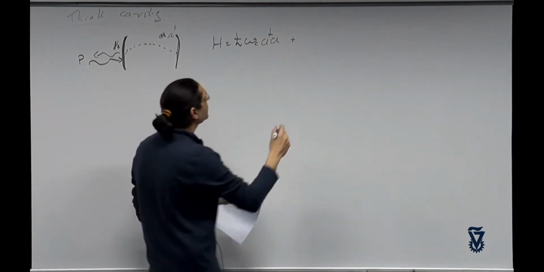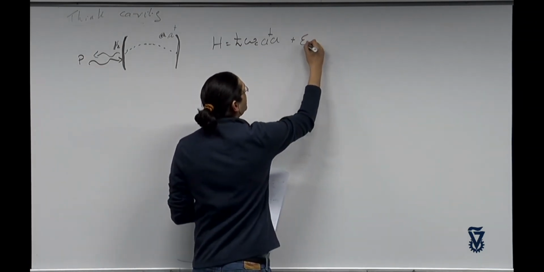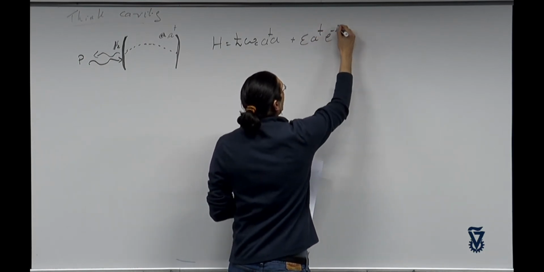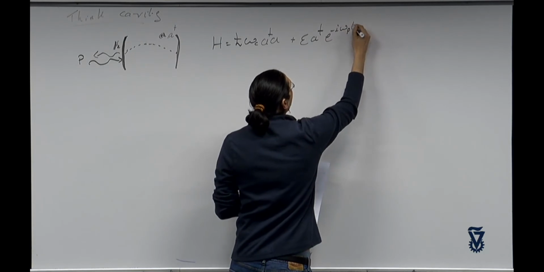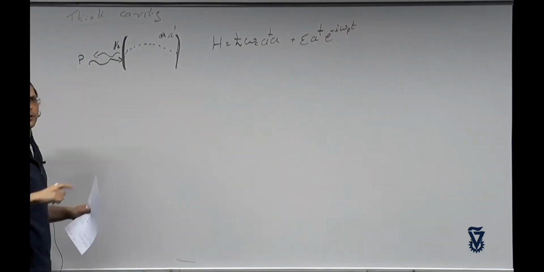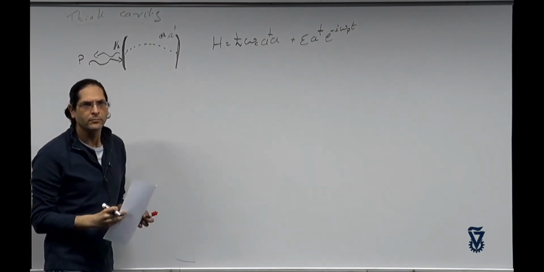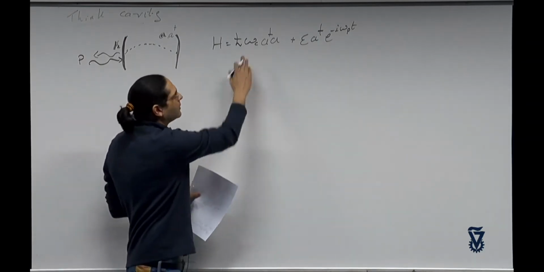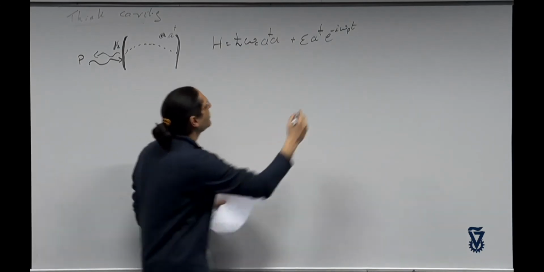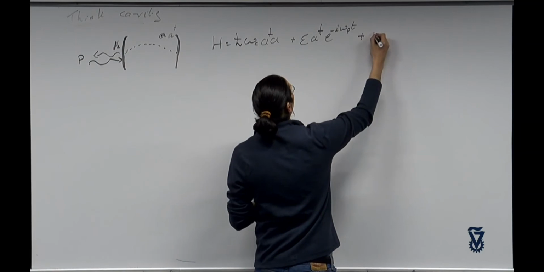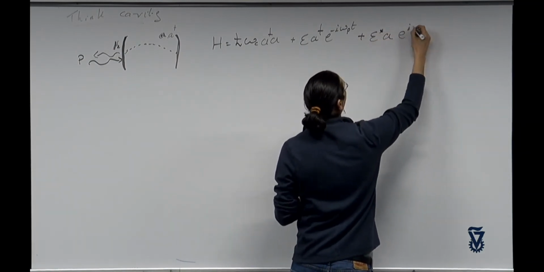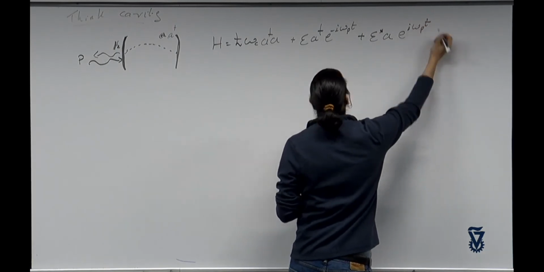The drive term is just a field, so it's going to be epsilon A dagger e to the minus i omega p t, where omega p is the frequency of this pump over here. It may or may not be omega c, but in general there's some frequency omega pump, plus of course epsilon star A e to the i omega p t.